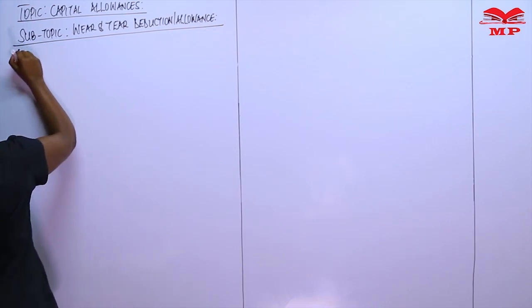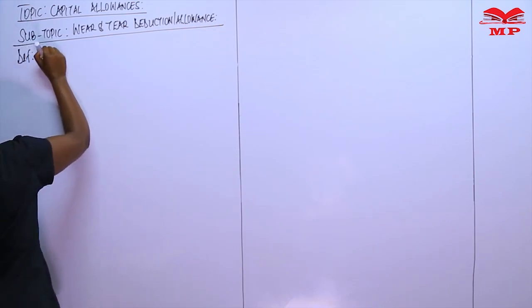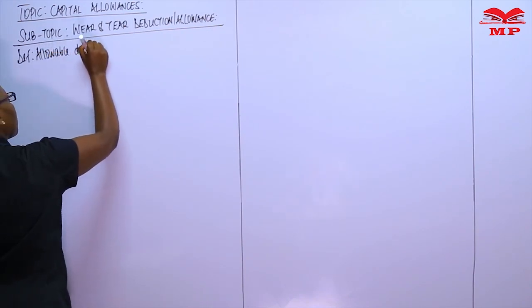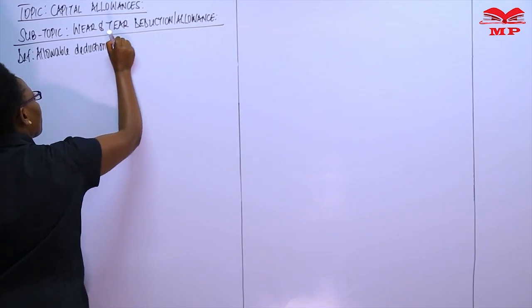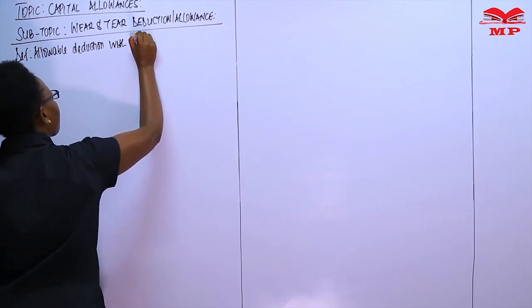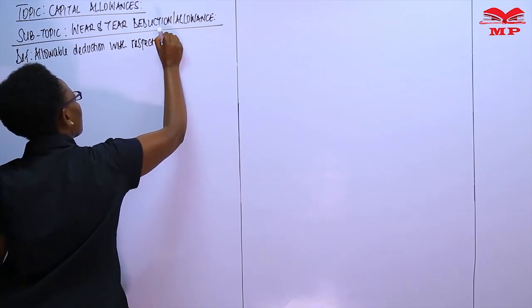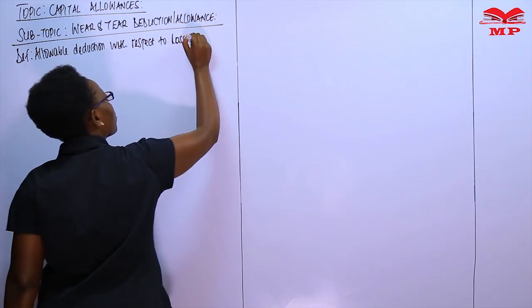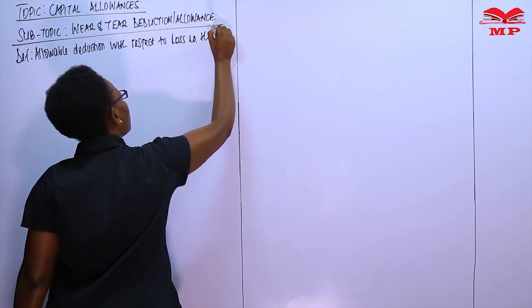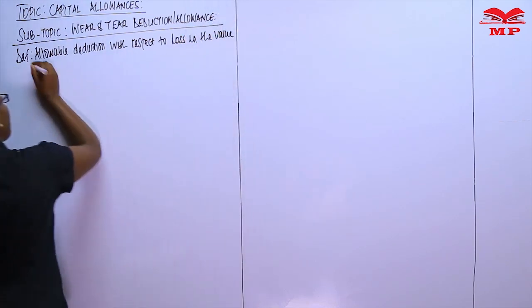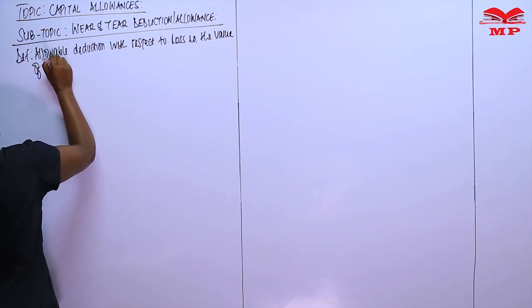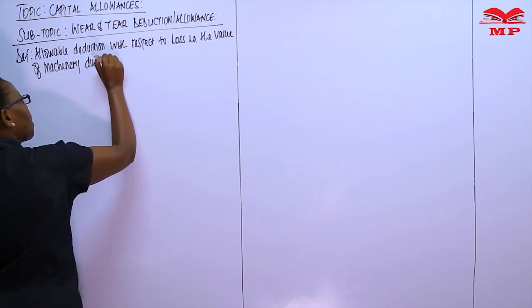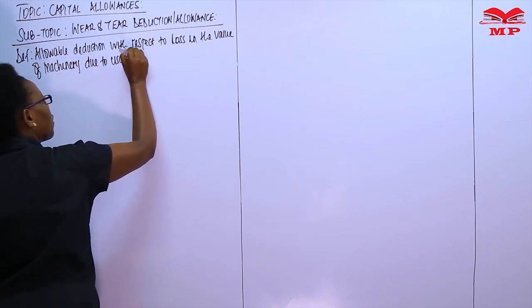So, an allowable deduction with respect to loss due to usage, loss in the value of machinery due to usage in the business.